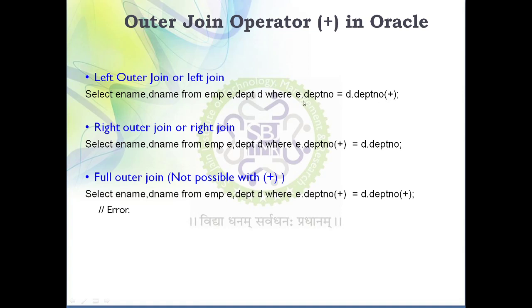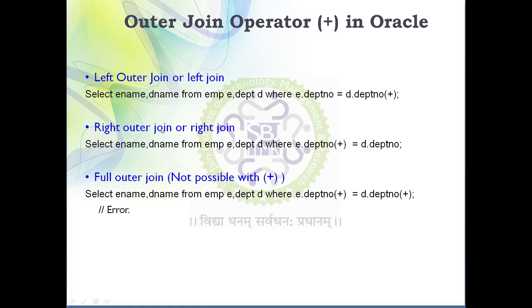That means, what does a left join do? It returns data which is common in the employee table and department table plus data only present in the employee table. But here I am not specifying the outer join operator on that side, but on the opposite side. Suppose I need to perform a left join operation, I need to specify this outer join operator on the right hand side.